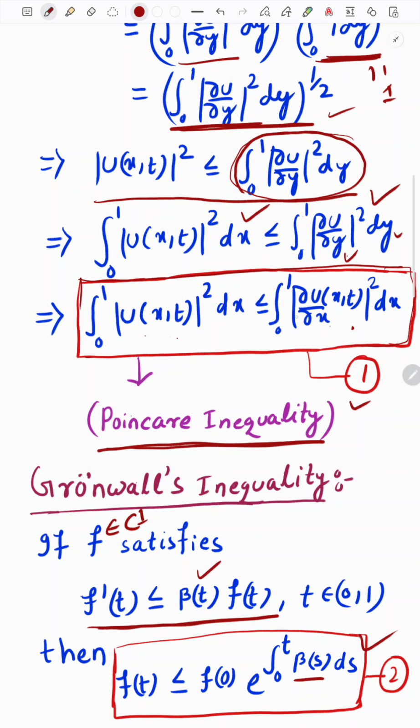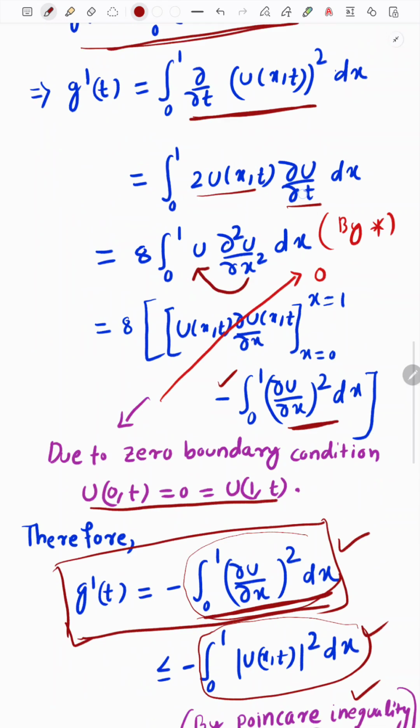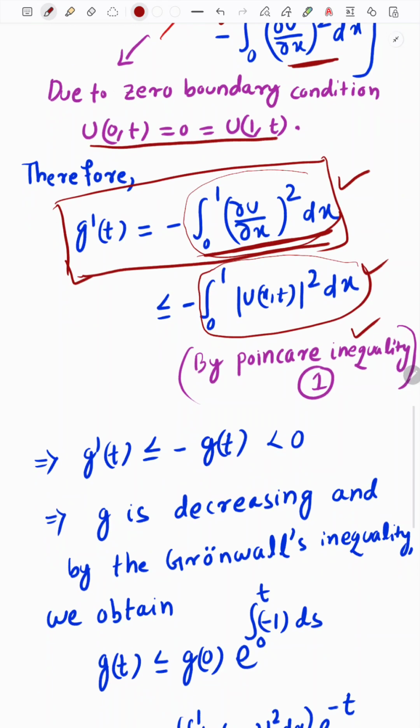If we take the minus sign, the inequality will be reversed, so that is used here. So by Poincare inequality we reach this step, and this function is nothing but g t, so we reached this step.